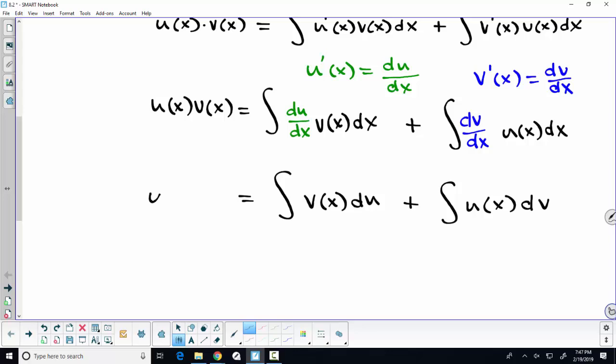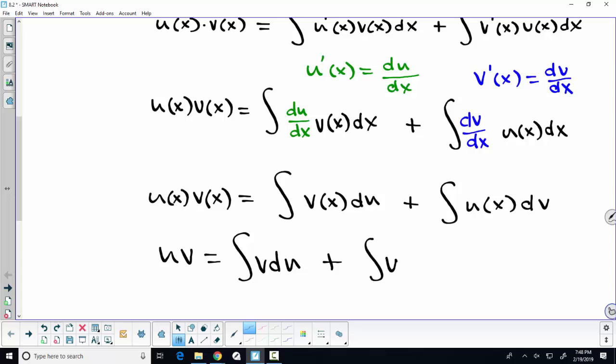And that's still equivalent to uv. Since we know u and v are functions of x, we're going to drop that of x part and just say uv is the integral of v du plus the integral of u dv.